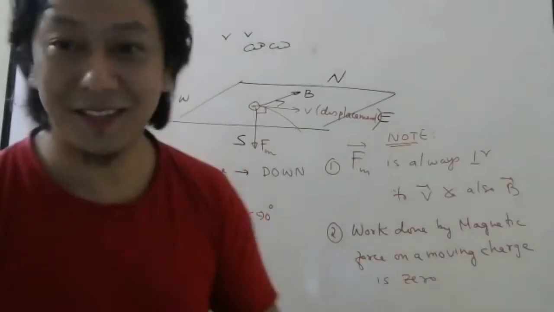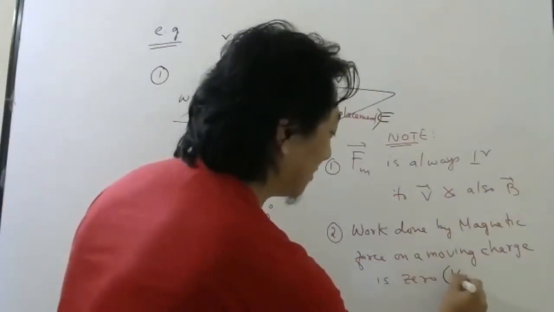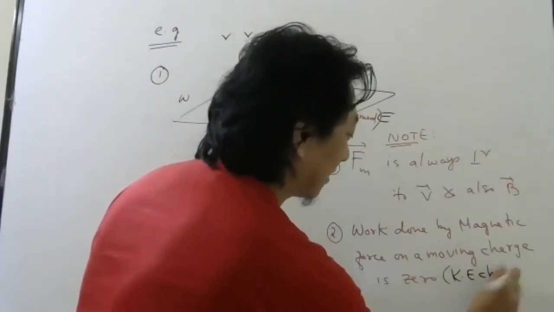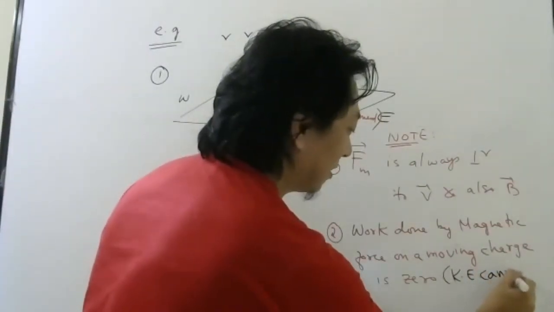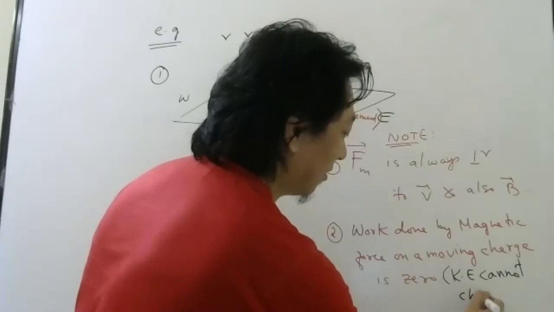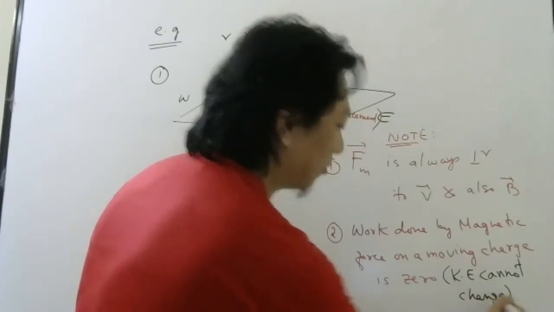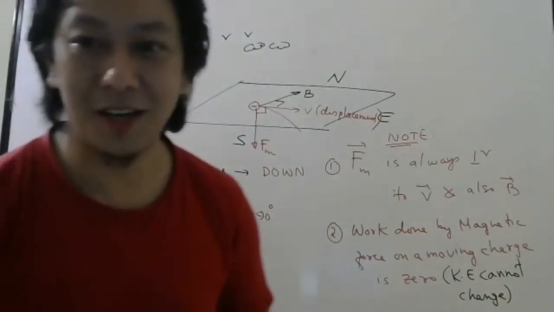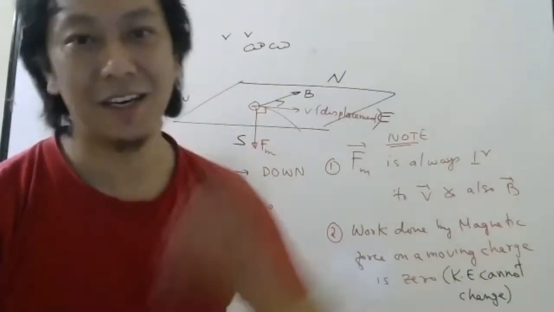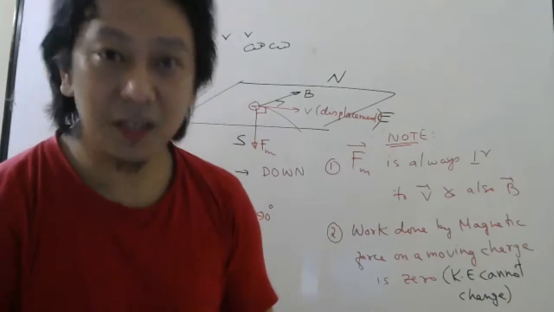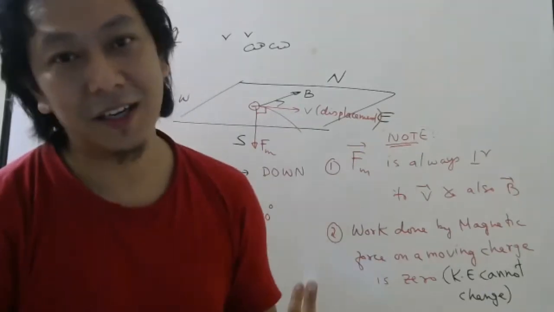Again, something very interesting. If work done is zero, it means kinetic energy cannot change. Why, sir? Arey, what does work energy theorem say? Work energy theorem says work done is equal to change in kinetic energy. So if work done is zero, change in kinetic energy is zero.